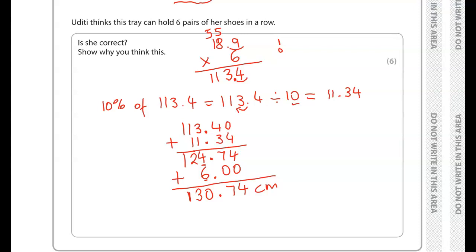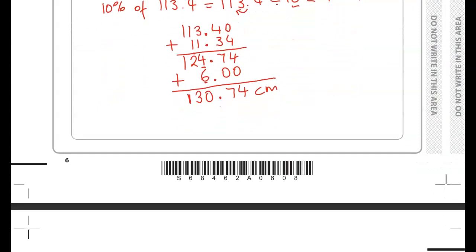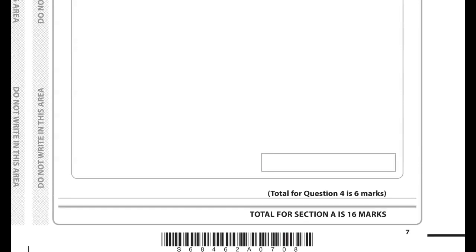So we're going to say that she's not correct. So I'm going to say no, and then 130.74 centimeters. And this is the end for the first part.